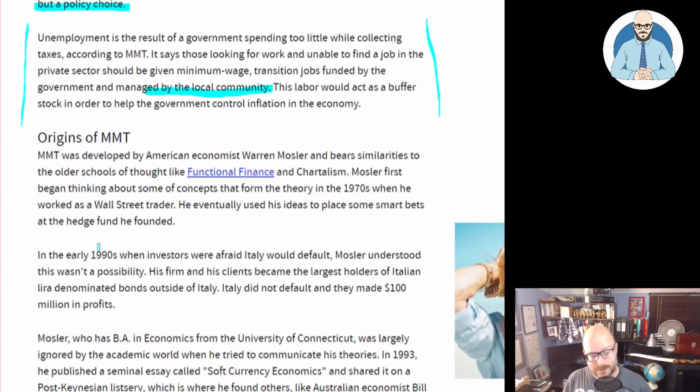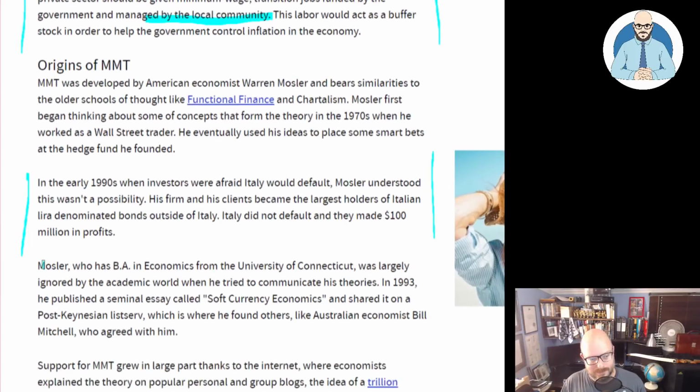In the early 1990s, when investors were afraid Italy would default, Mosler understood that wasn't a possibility. His firm and his clients became the largest holder of Italian lira-denominated bonds outside of Italy. Italy did not default, and they made $100 million in profit.